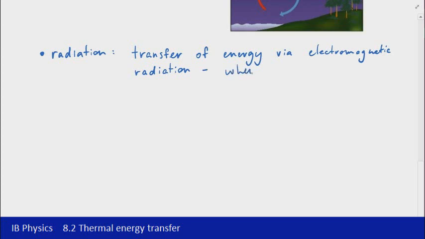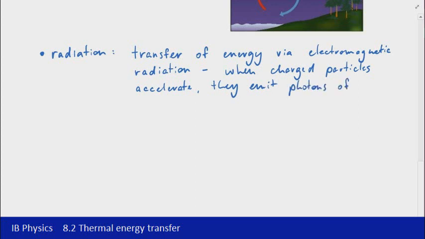So very different to nuclear radiation, where it's about beta particles, alpha particles. And the reason we get radiation is that when charged particles accelerate, and that can be electrons or ions, they emit photons. And like I say, that's the predominant form of energy transfer that occurs from energy from the sun arriving at Earth.